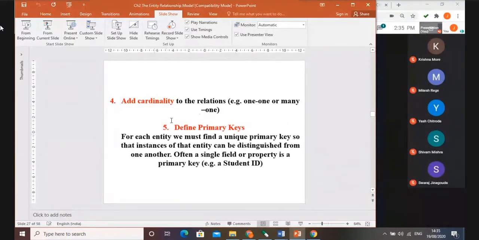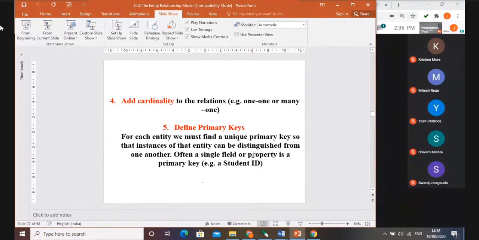Now here, defining the primary key, as I told you, the entity set which consists of primary key is known as which type of entity set? Again, I'll repeat the question. Last time during lecture, I told you this.